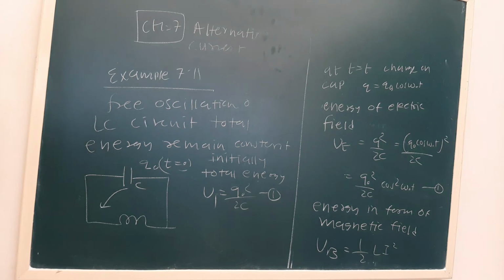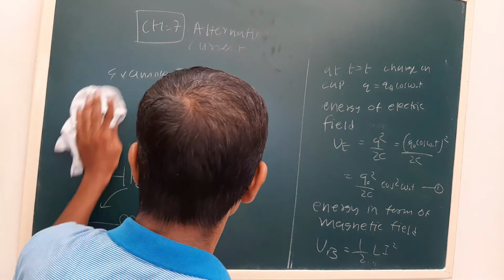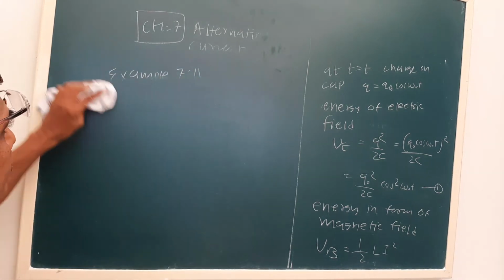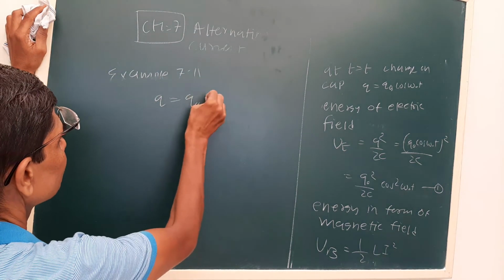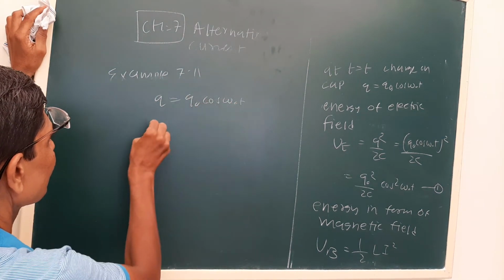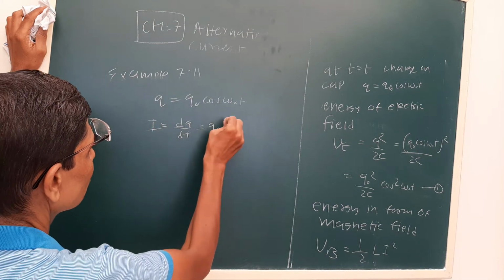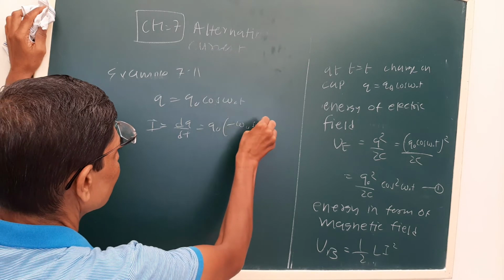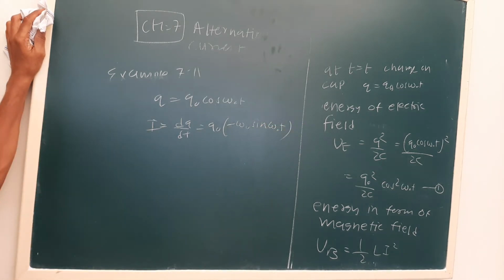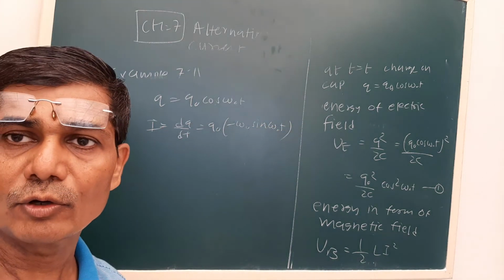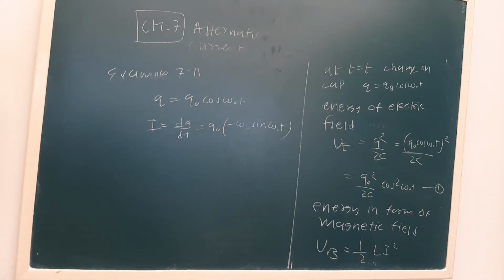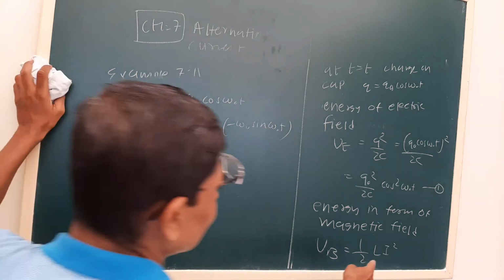Now see, the current i is dq by dt. Q is equal to Q0 cos omega 0 t, so i is equal to dq by dt, which is minus Q0 omega 0 sine omega 0 t. You are familiar: the derivative of cos omega 0 t is minus omega 0 sine omega 0 t. Now I want i square here.